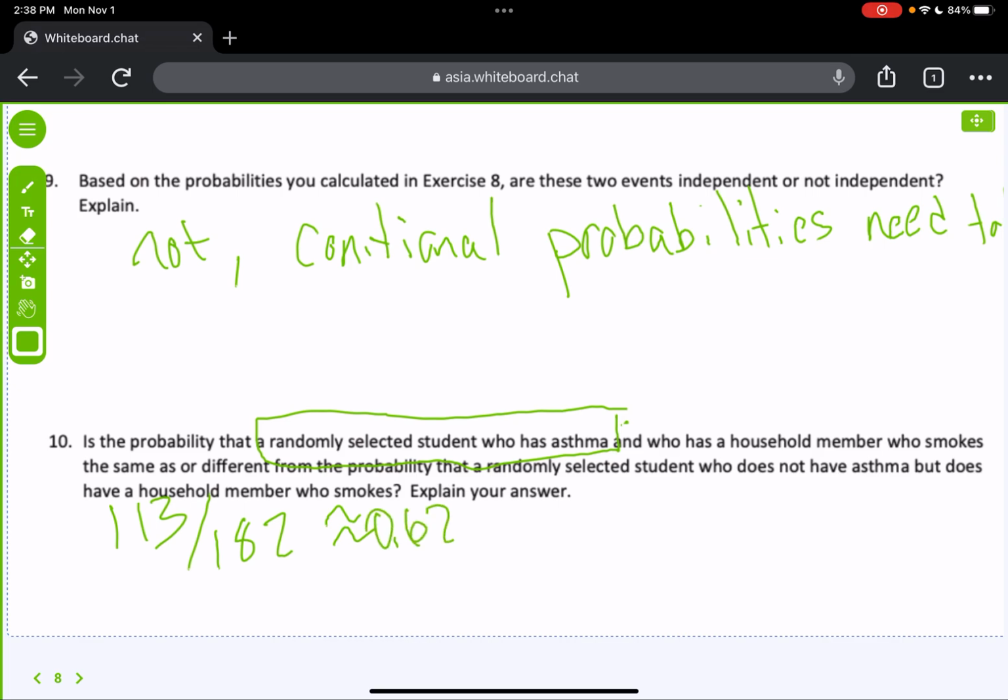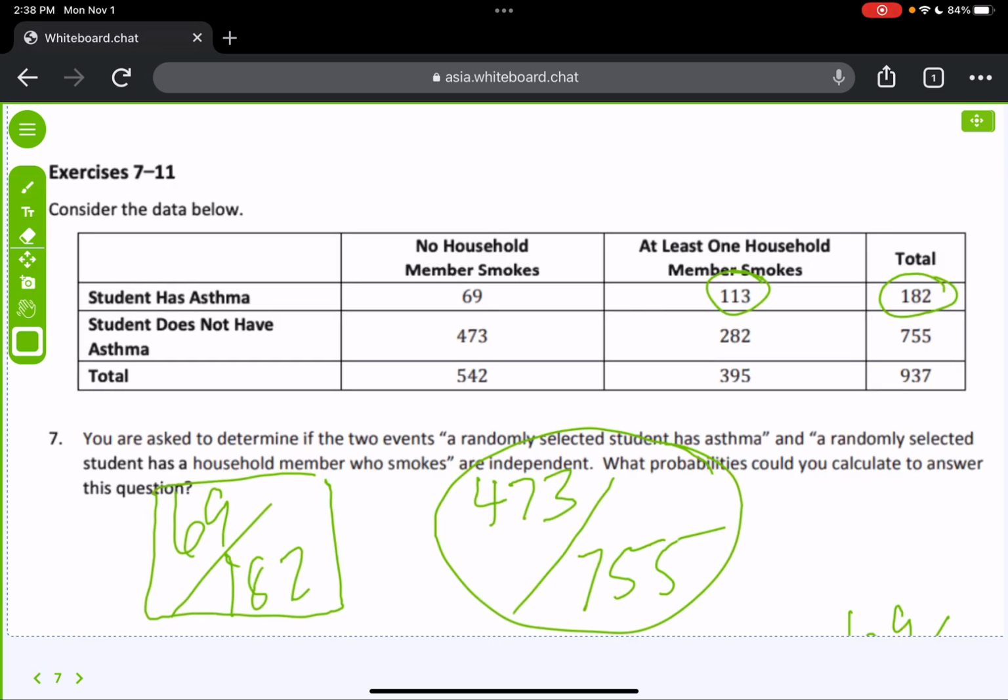Okay, then we're going to look at the probability of a randomly selected student who does not have asthma but does have a household member who smokes. So does not have asthma. The total of that is 755.